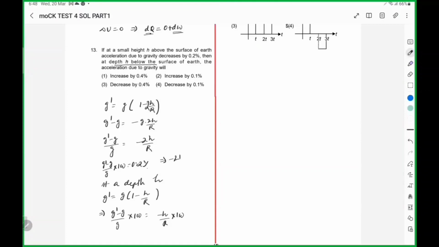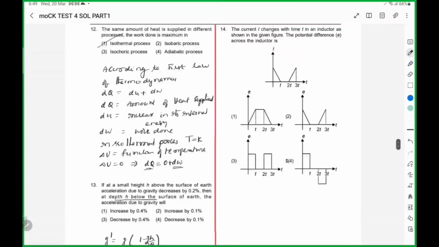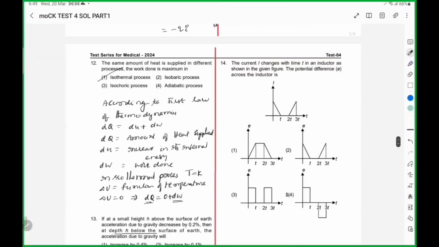Here it is minus 2h by r into 100 is 0.2%. From here, h by r is 0.1%. So it decreases by 1%.